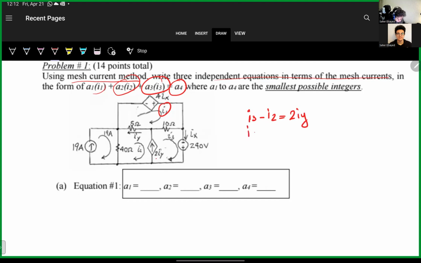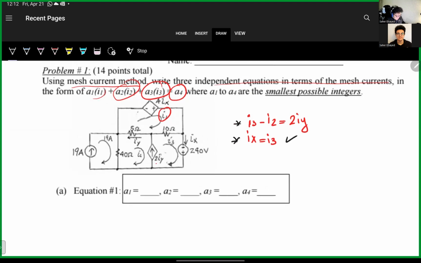IX is equal to I3, correct? Those are the very few things that we notice first. This is IX, same direction as I3, so that's why this happened here. This one is 2IY, it's going up, so it's following the direction of I3, and that's why it's I3 minus I2, okay? So let's do our normal KVL, normal mesh on I1, because that's the first equation they're asking for.